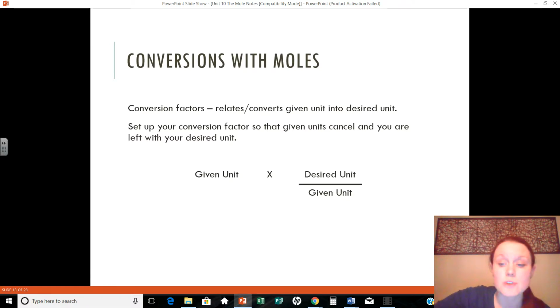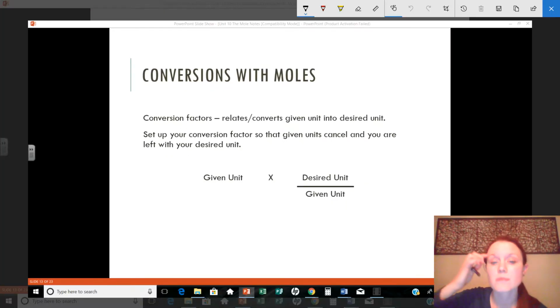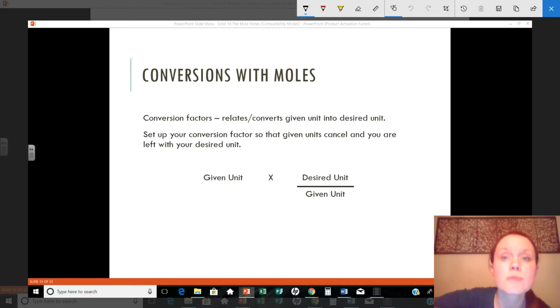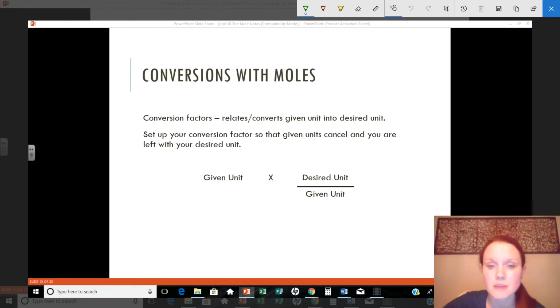When we do conversions, a quick little review here. You use something called a conversion factor. Conversion factors are fractions set up like this, where you put your desired unit in the numerator and your given unit in the denominator.